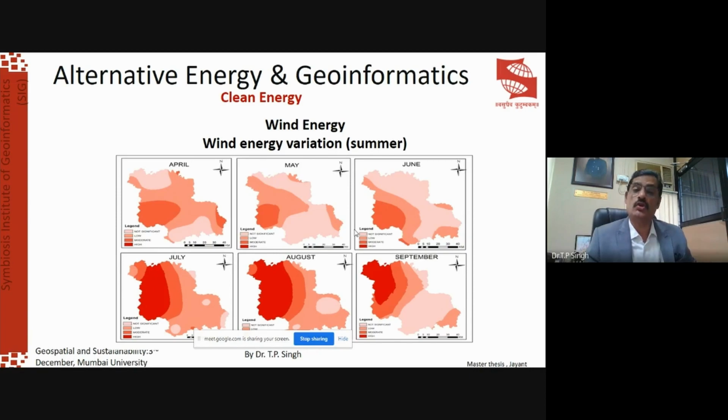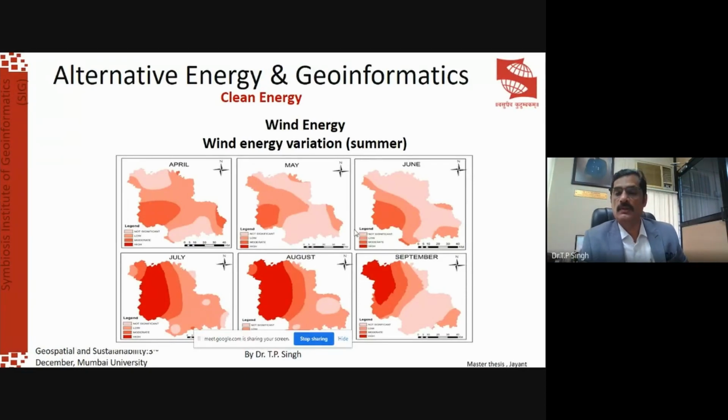We can map these. All the velocity as well as direction of wind we can put on our geospatial platform to identify the areas where we will get sufficient wind velocity to generate electricity.